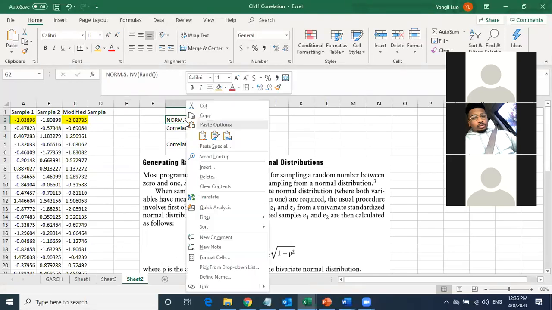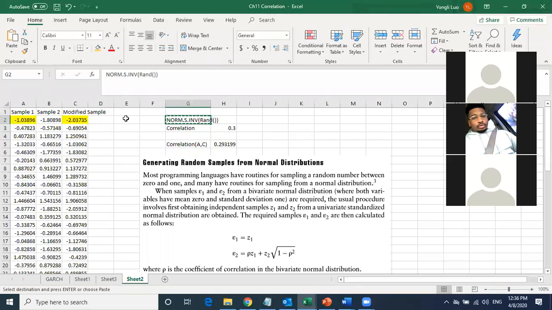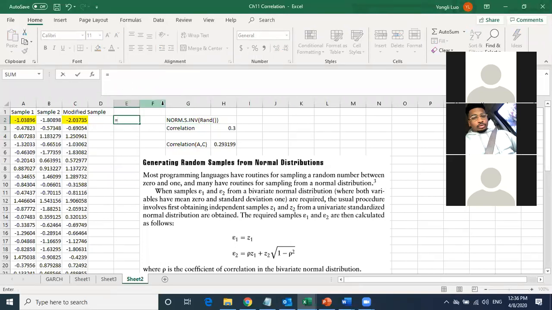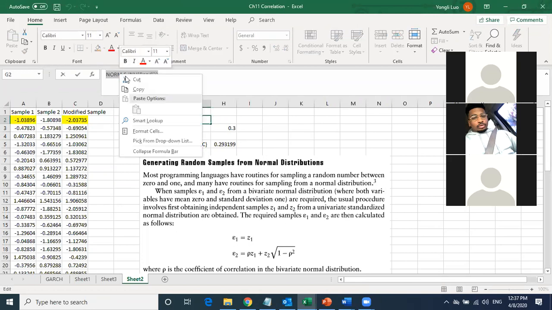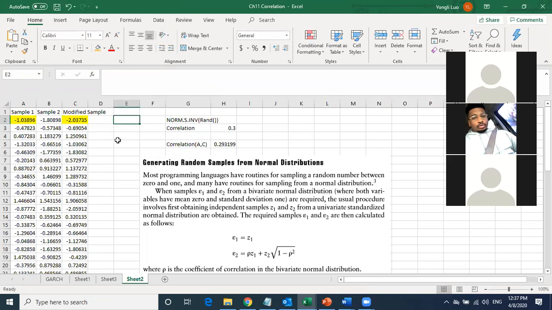You type in the formula to generate normal distribution random numbers.